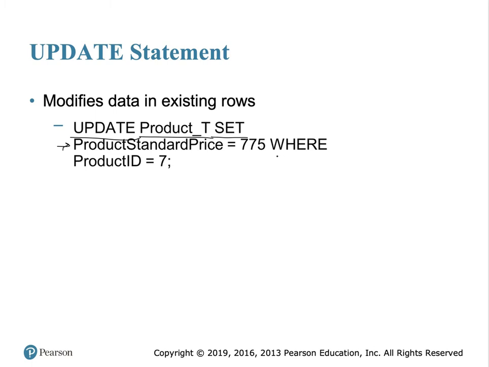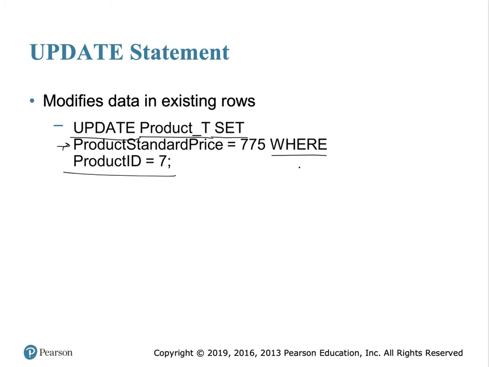You'll notice it has a where clause, so it will only run when this criteria is met: the product with ID 7, where somebody wants to change the price in the database to 775. We don't have to see what the previous price was, but whatever it was, if product ID is 7, the new price is going to be 775.